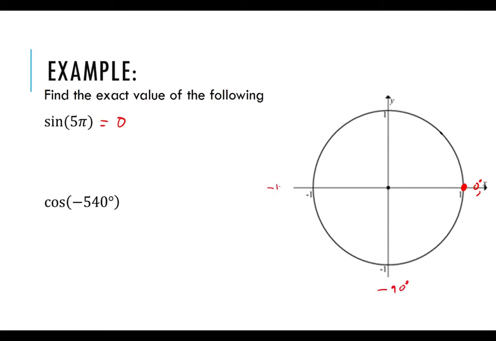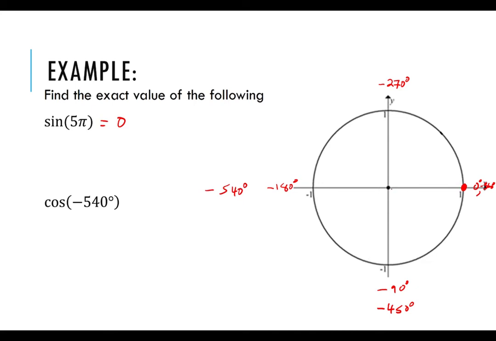This would be negative 180 degrees of rotation. This would be negative 270 degrees of rotation. Then we would come back and we then get to negative 360 degrees of rotation. Then if we continue our rotations, this ends up being negative 450 degrees of rotation because we kept rotating past 360, and this would be negative 540.